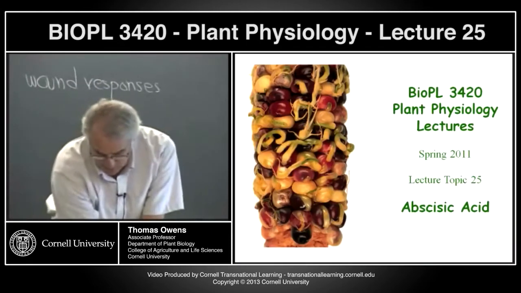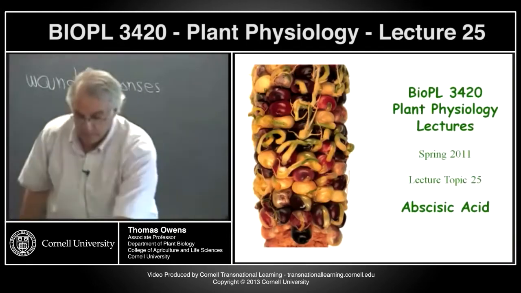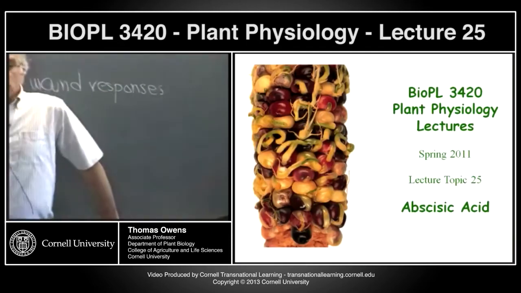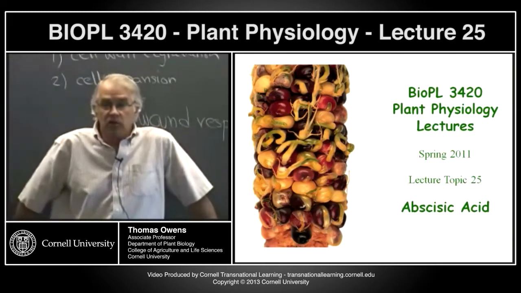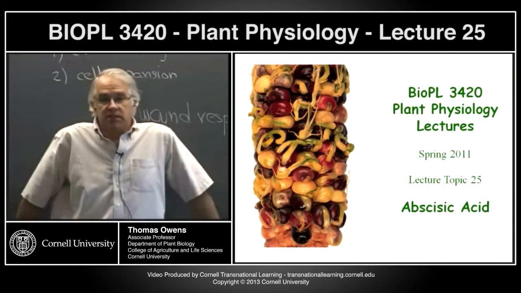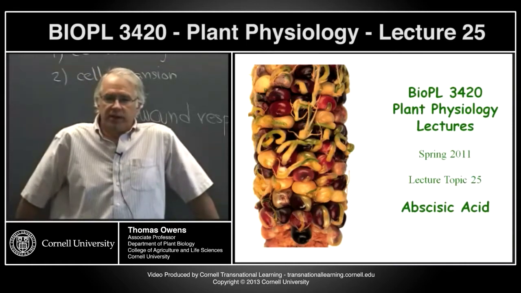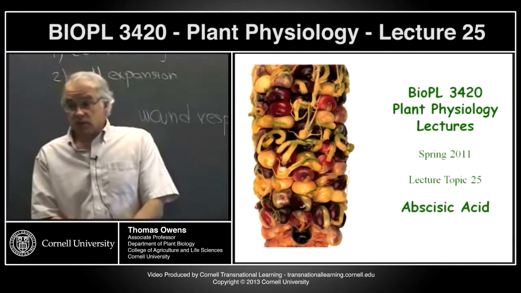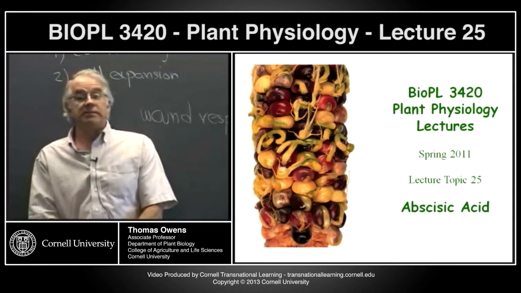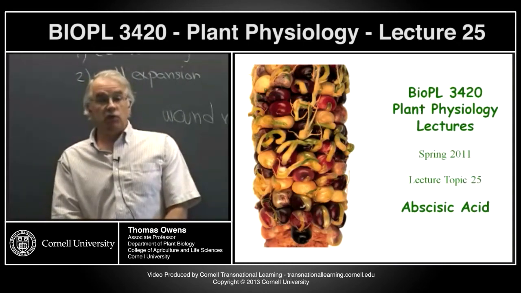All right. So far we've talked about the role that hormones play in regulating growth. And abscisic acid was discovered because of a different role it plays in regulating growth. We've talked about cell division in plants being limited to relatively few places, right?